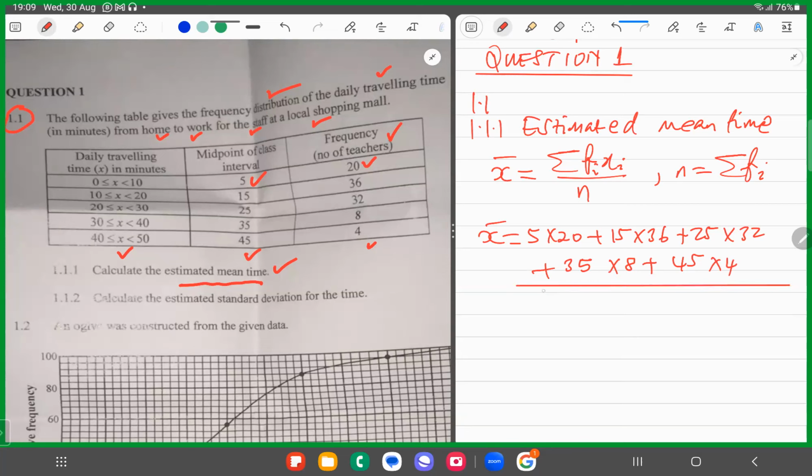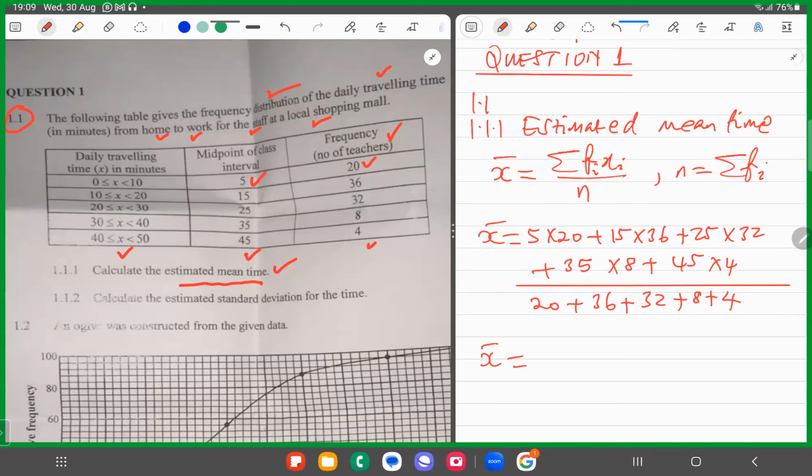You divide everything by the total, so the total of the frequencies is 20 plus 36 plus 32 plus 8 plus 4, and then it's going to give us x bar.